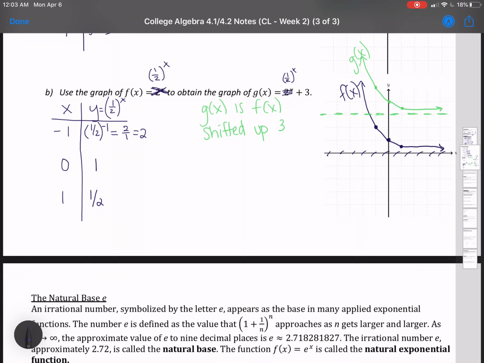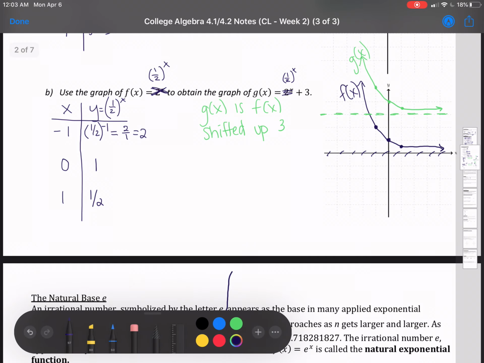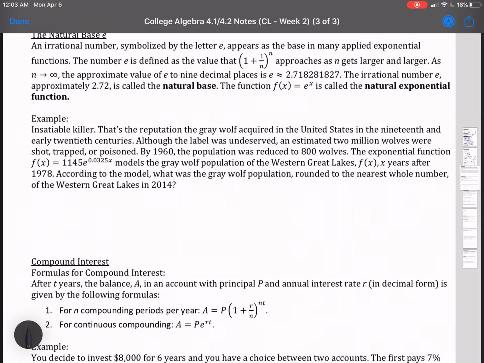Okay, so with exponential functions, we have another function. Why is my screen not moving? There, okay. That's called the natural base e. So e is an irrational number, and it appears as the base in many applied exponential functions. The number e is defined as the value that 1 plus 1 over n to the n power approaches as n gets larger and larger. So think about if you plugged in infinity, some extremely large number.